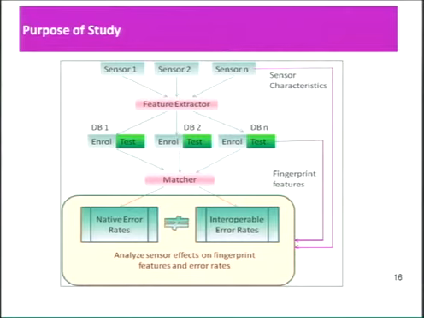Once a feature extraction happened, the fingerprint features were measured, and the final step was the matching operation. This is where the native dataset error rate and the interoperable dataset error rate were compared. And the idea was to look at sensor characteristics, fingerprint features, and the false non-match rate from a holistic perspective.